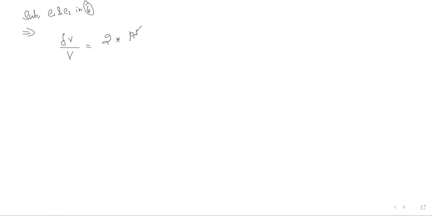So E1 is nothing but PD by 2TE into 1 minus mu divided by 2, plus E2 value. So E2 is nothing but PD divided by 2TE into half minus mu.